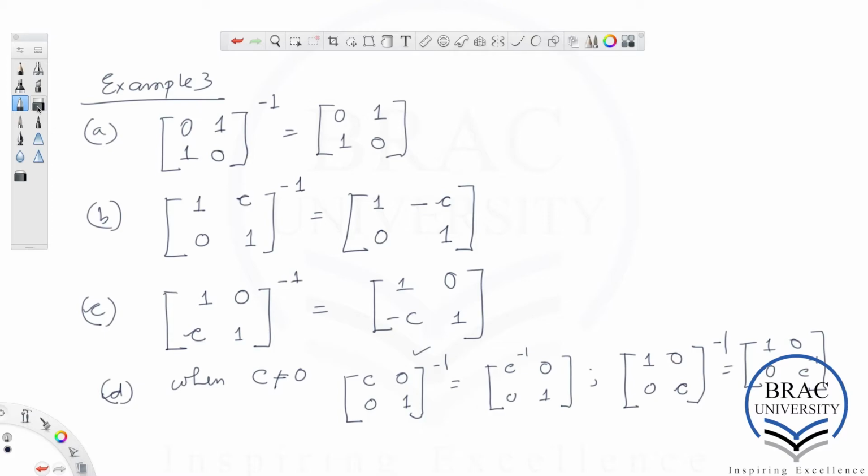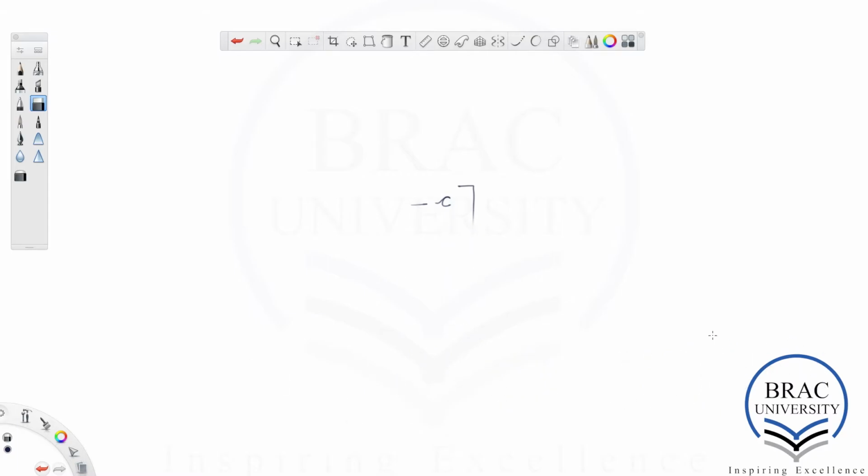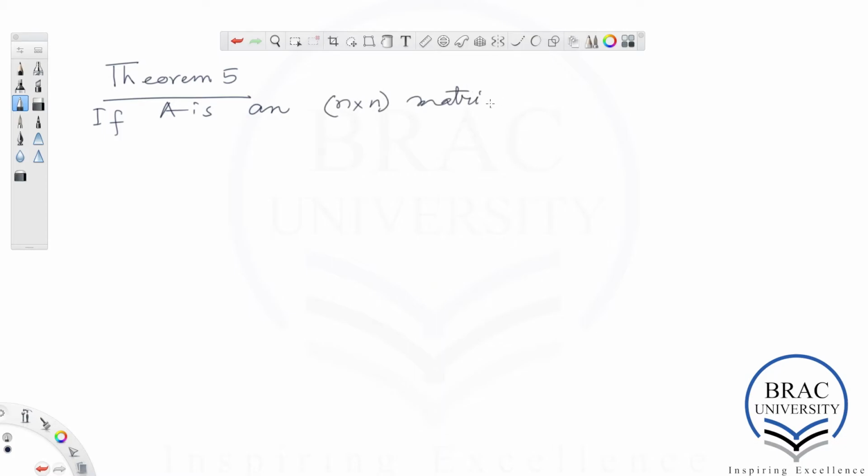Now we have our fifth theorem for this lecture 4, which states that if A is an n times n matrix, then the following statements are equivalent, which we abbreviate as TFAE. The first statement is that A is invertible.